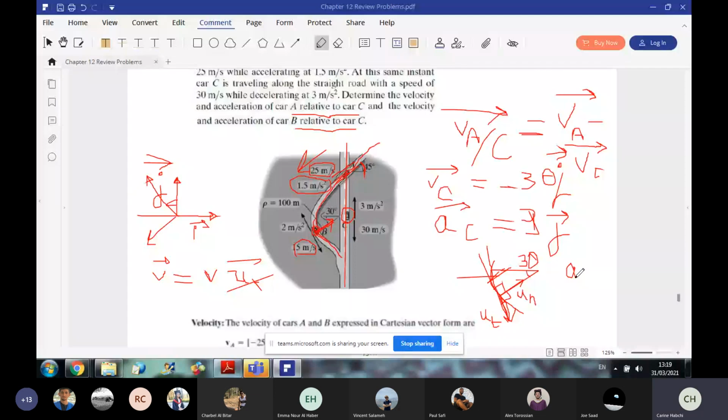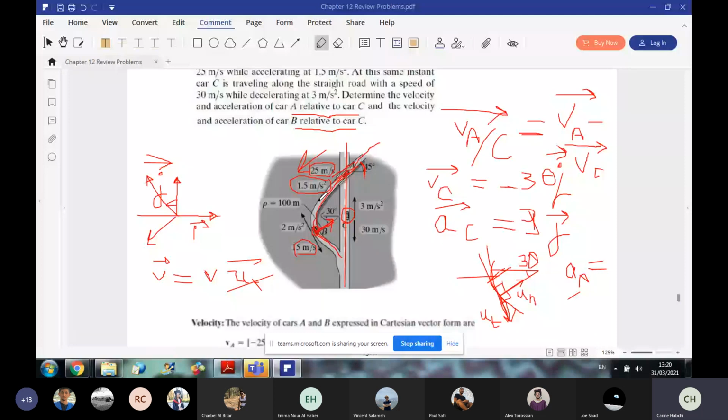Since the direction is along UN, I will decompose it into i and j components. UN is cosine 30 i plus sine 30 j.